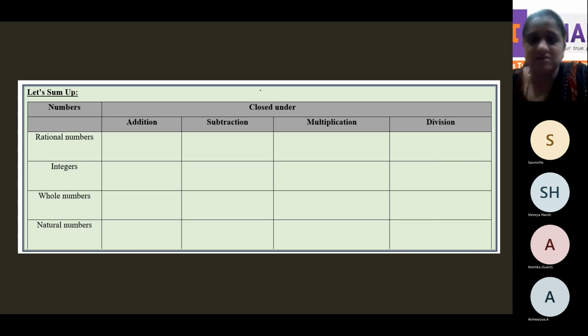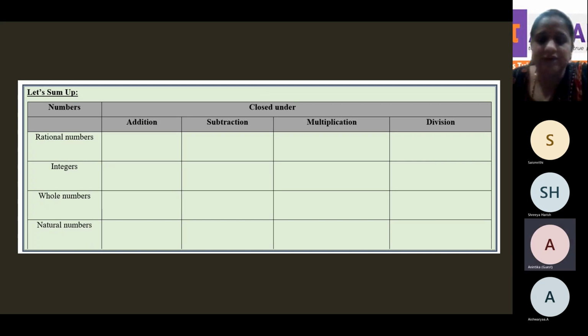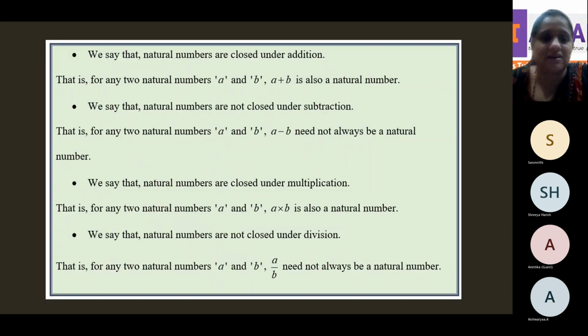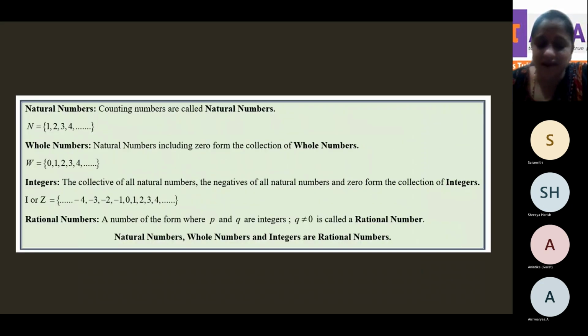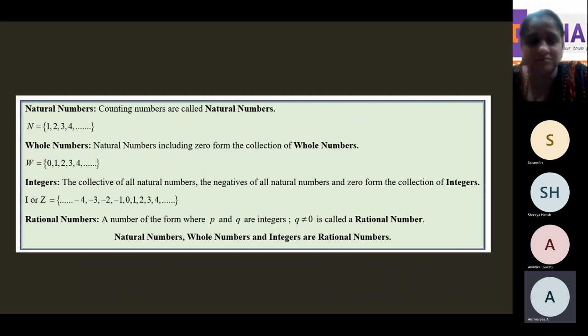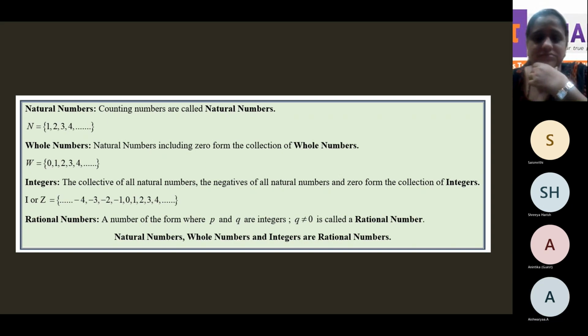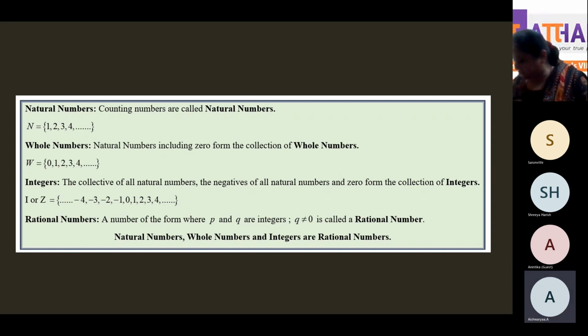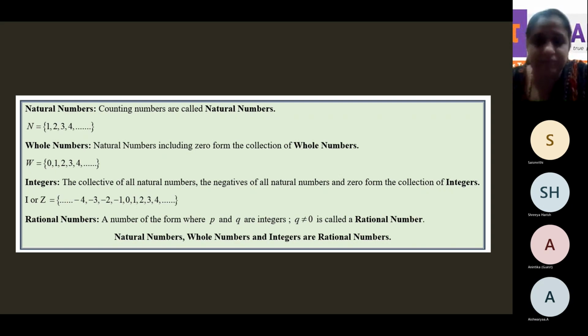Yes, children. Is this done? Yes, ma'am, done. Aishwarya, you can just take the screenshots. I can tell you about them later. Yes, take screenshots of these images. This is the first one. Just a moment, ma'am. Yeah, done.